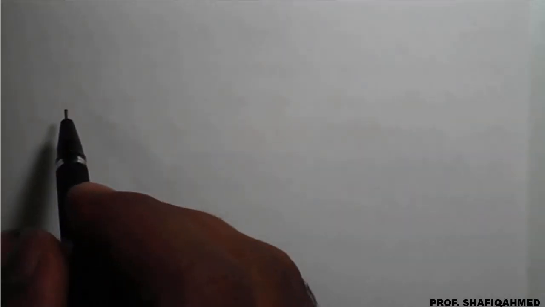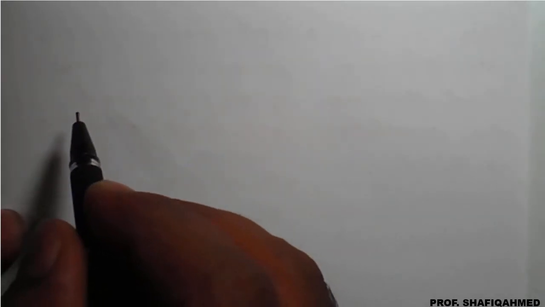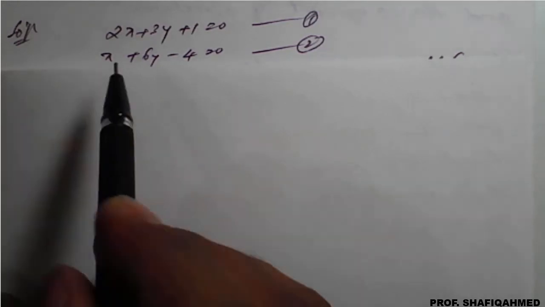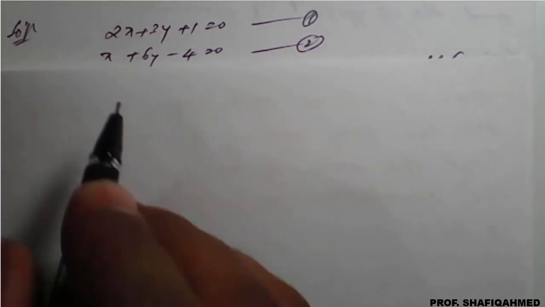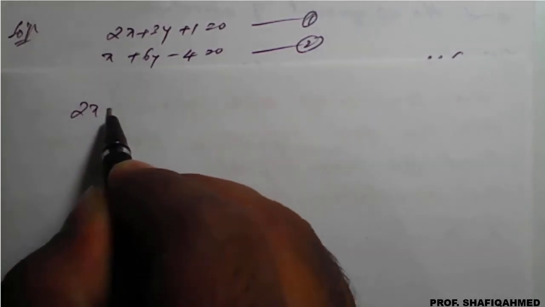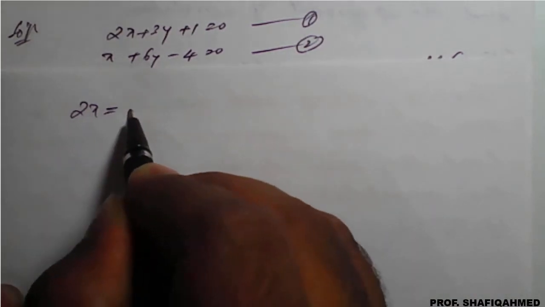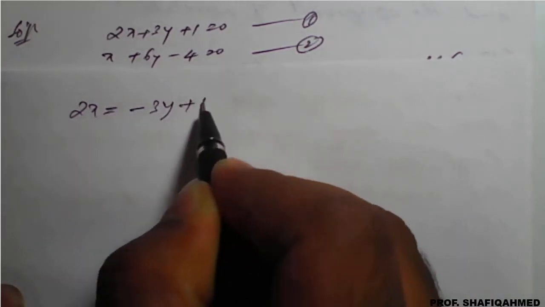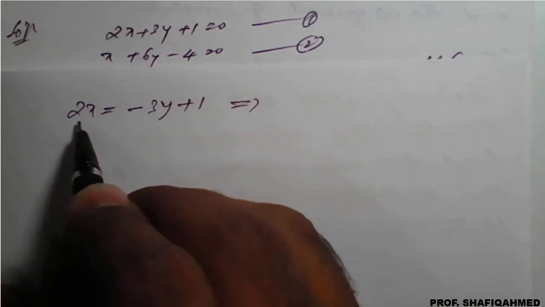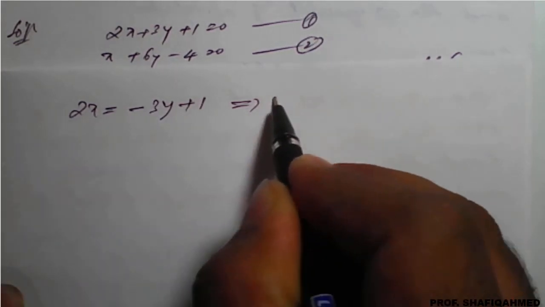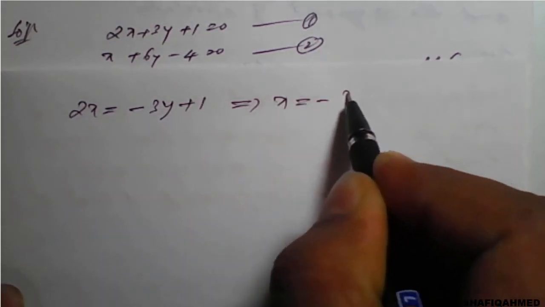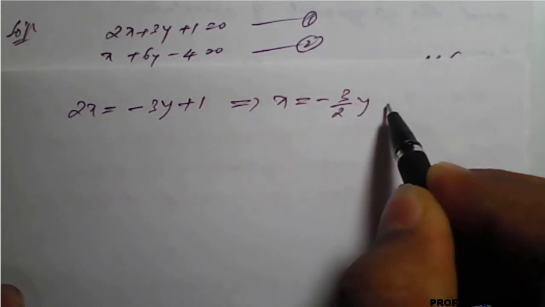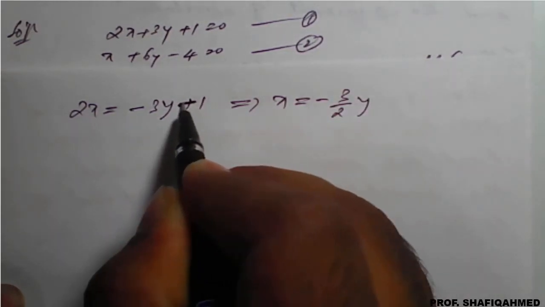Now we'll rearrange equation number 1. We'll keep 2x on the left hand side, and the remaining all will shift to the right hand side: minus 3y plus 1. Cross multiply this 2, so it will become x is equal to minus 3 upon 2 y, minus 1.